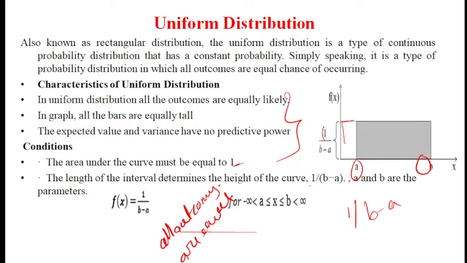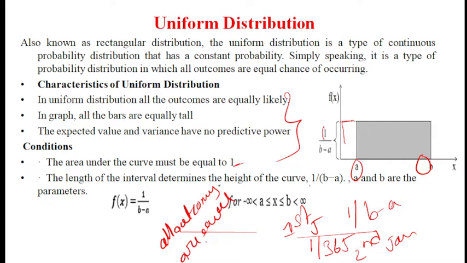For example, the probability that 1st January is his or her birthday is 1 by 365, which is the same as the probability that 2nd January is his or her birthday, and the same for each and every day of the year.